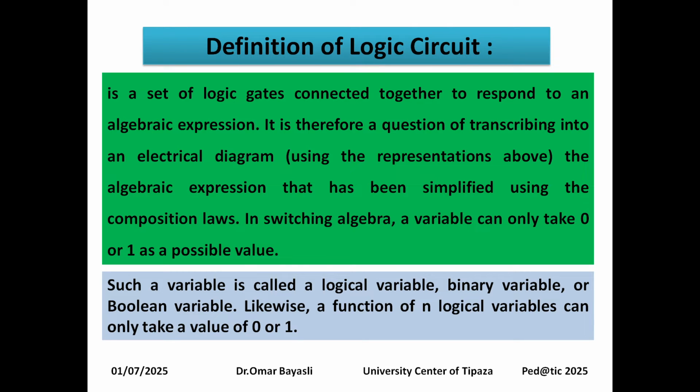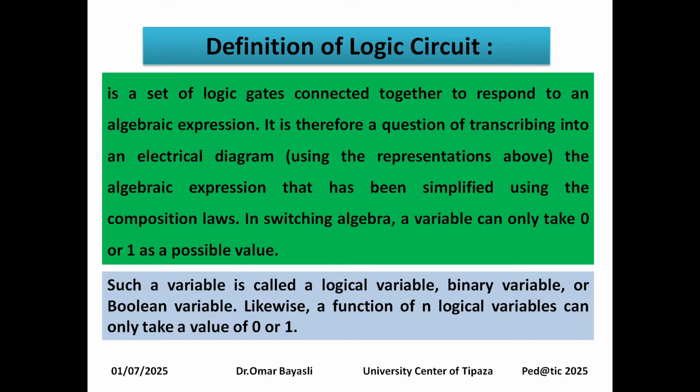The definition of logic circuits is a set of logic gates connected together to respond to an algebraic expression. It is therefore a question of transcribing into an electrical diagram.